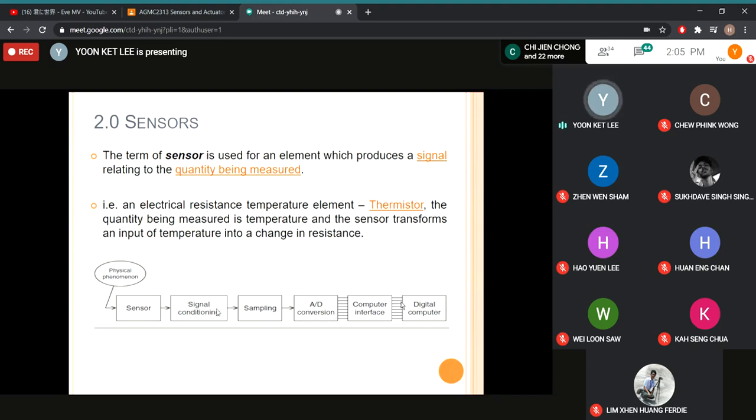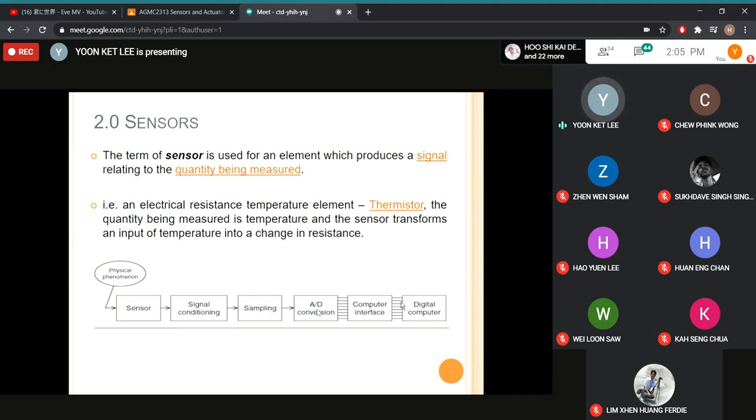After sensing, they will do signal conditioning, which you will learn in chapter 3. Either we need to amplify the signal, or we need to protect it, or use a diode or whatever to shape the signal. Then we do the sampling.